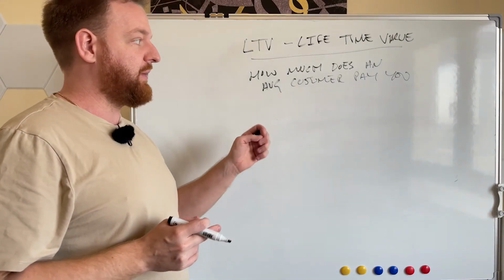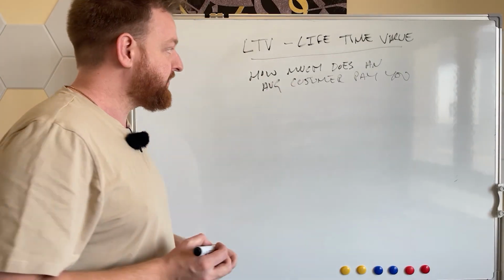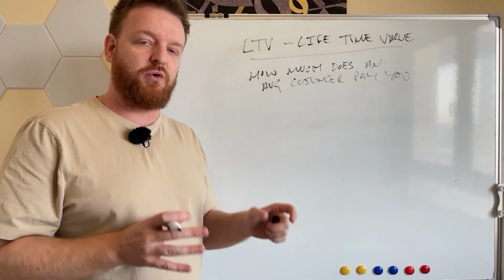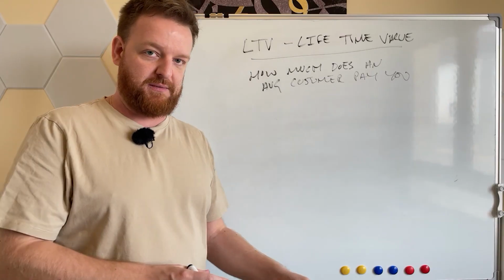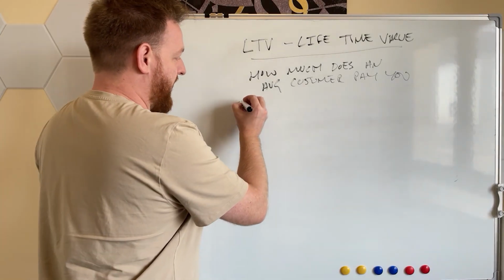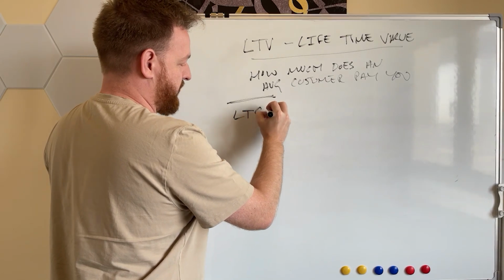Now, this is important because depending on what you sell, depends on what this looks like. Lifetime value isn't a true metric because it doesn't take into account the cost of fulfillment. So if we go one layer deeper, which is where I want to start, we have lifetime gross profit.